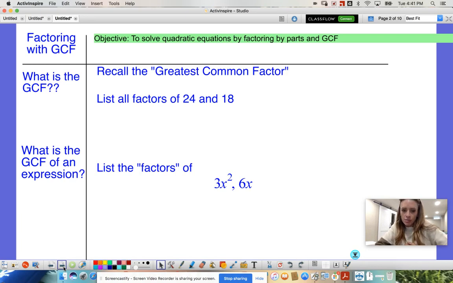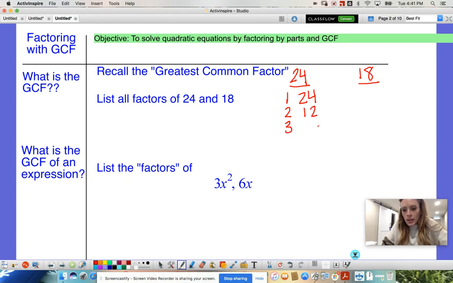What is GCF? Let's recall what this means. When we list all the factors of 24, right? Remember these little tables we did when we were little? We would do 1 and 24 multiply together, and 2 and 12, and 3 and 8, and 4 and 6.